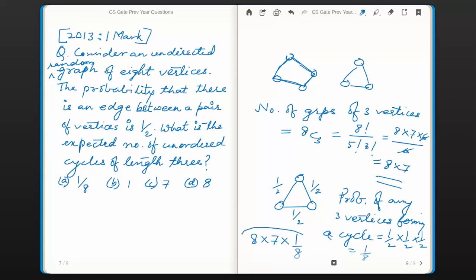So this is our expected number of unordered cycles of length 3, and that is nothing but, here 8 and 8 would get cancelled out, we would be left with this number 7. So this is the correct answer.